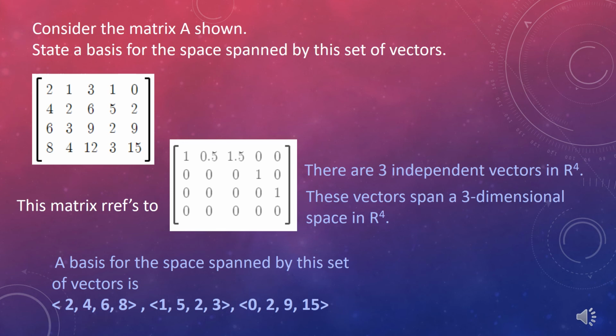Now the reason why we can use the standard unit vectors or any vectors in R3 to span all of R3 is because if you're spanning all of three-dimensional space, then every point is reached by any set of independent vectors.